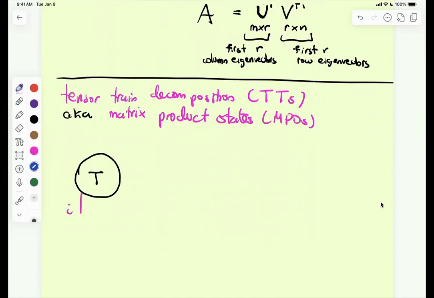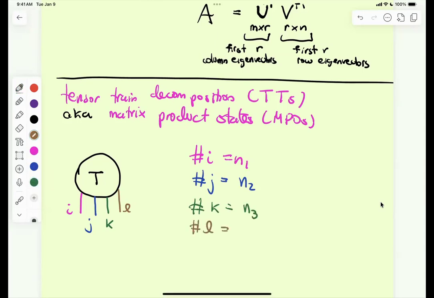To keep track of things better, I will show the name of the leg, which index it represents, and I'll use a color to make it easier: I, J, K, L. The first index takes N1 values, the second index takes N2 values, the third index takes N3 values, and the fourth index takes N4 values.